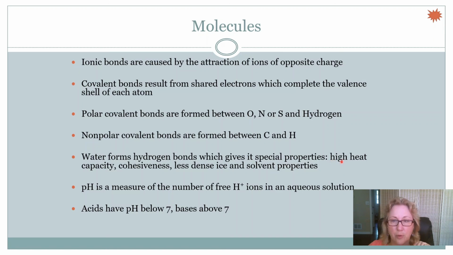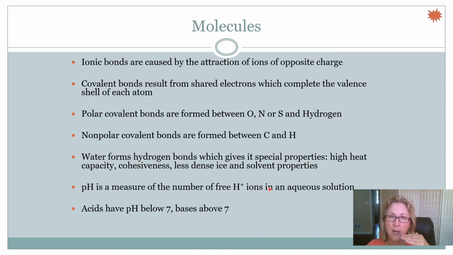Water has 4 special properties, which are its high heat capacity, its cohesiveness, the fact that ice floats, and the fact that water is a polar solvent. pH is a measurement of an aqueous solution. If something has no water, it cannot have a pH. And we are measuring the free hydrogen ions.